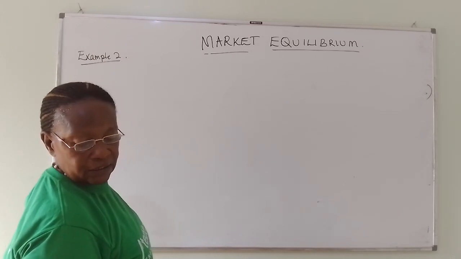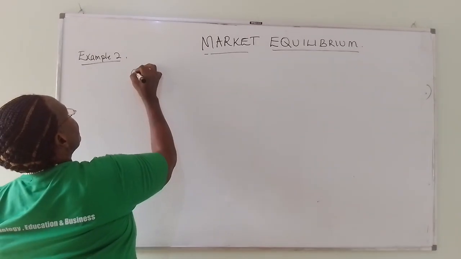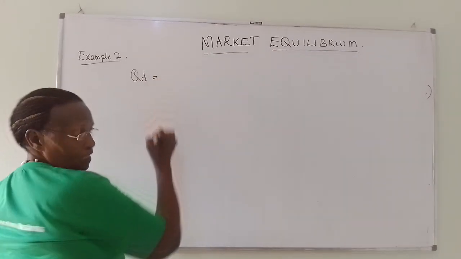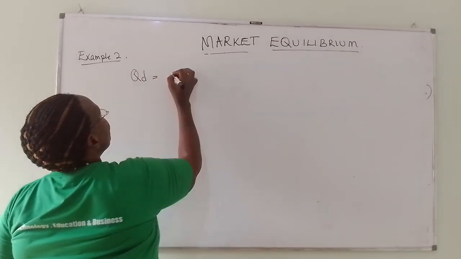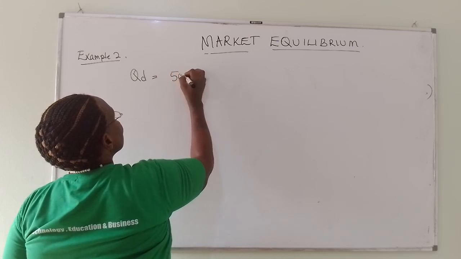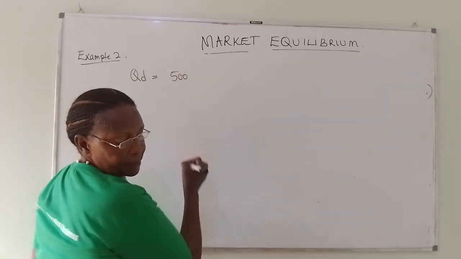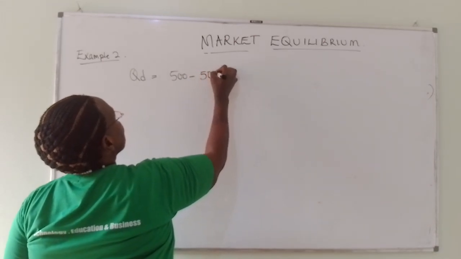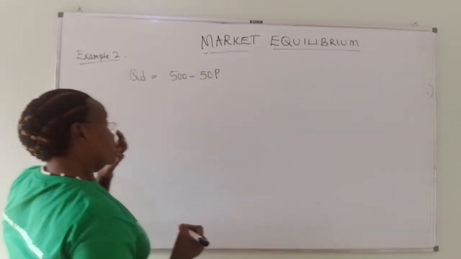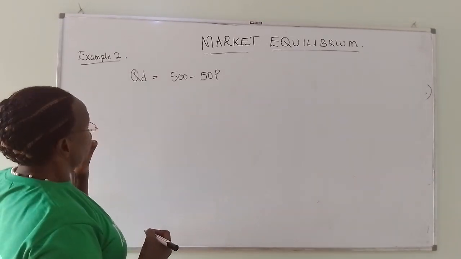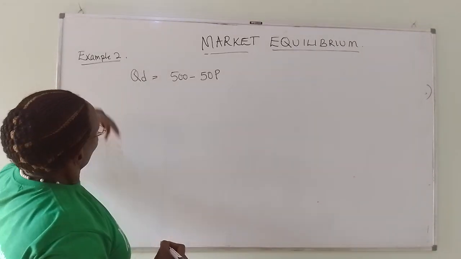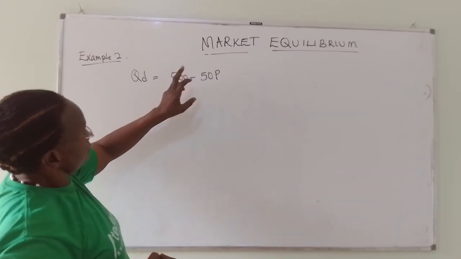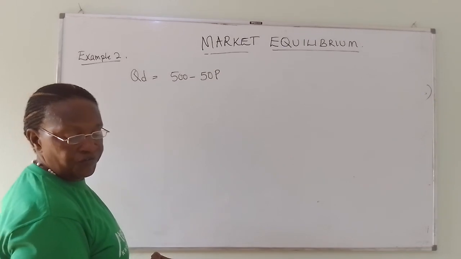Quantity demanded, that is how we abbreviate, is 500 minus 50p. We are using simple figures simply for understanding purposes. So that is what the examiner may give you, that our demand function, or the entire amount demanded on the market, is represented by 500 minus 50p.